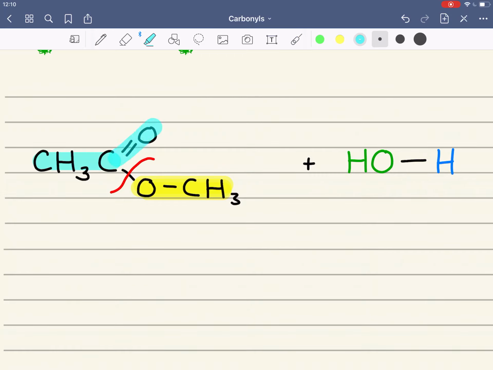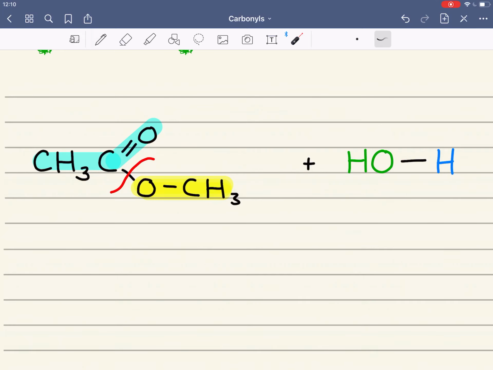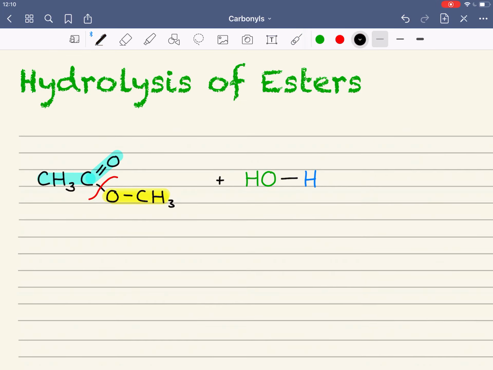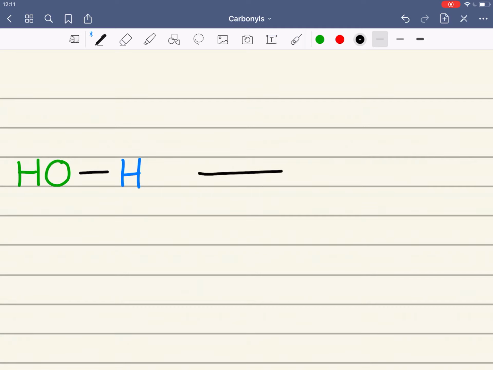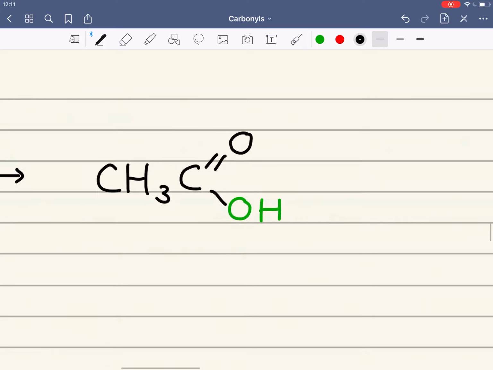And this part of the ester will add the green OH. So this here together will form the carboxylic acid. So the products we would form then would be, if I have methyl ethanoate, I will form ethanoic acid. And I'll form methanol.